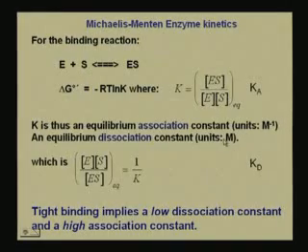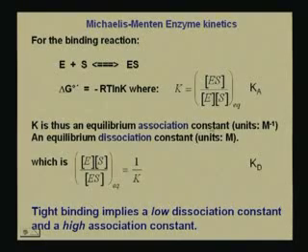Now, if I have tight binding, that will mean that I do not have dissociation. If I have tight binding, the dissociation is not easy, right? So what does it amount to in terms of these constants?